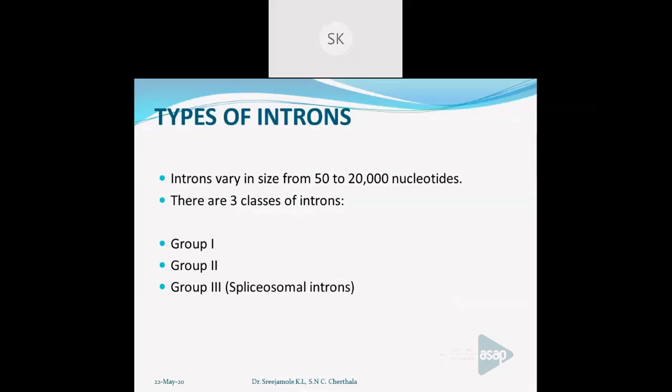They are categorized into three: group 1, group 2, and group 3. So let us see what the difference is between these three kinds of introns.